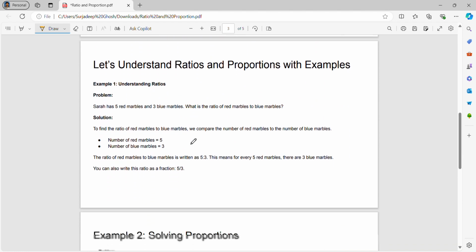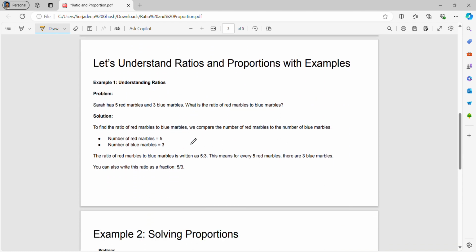So let's understand ratio and proportion with examples. I already told you in the previous slide that we will learn ratio and proportion through examples. First we understand ratio in the first example.